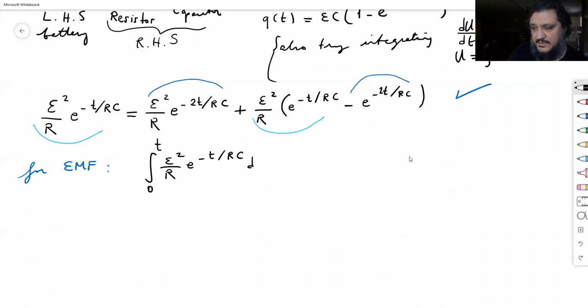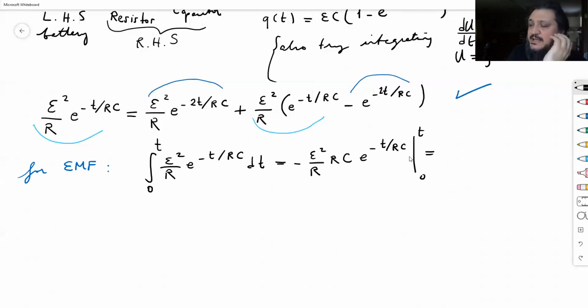This is my upper limit. So this will give me negative E squared over R times RC, e to the power negative t over RC. Limits are from 0 to t.